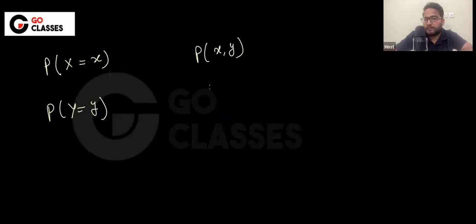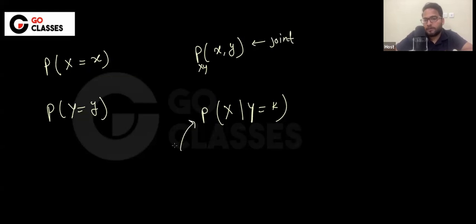Marginal means they are only talking about this X. This is called marginal, right? This is called conditional. And this is called, sorry, this is called joint. And this is called conditional distribution, right?